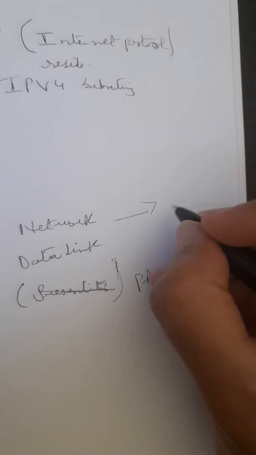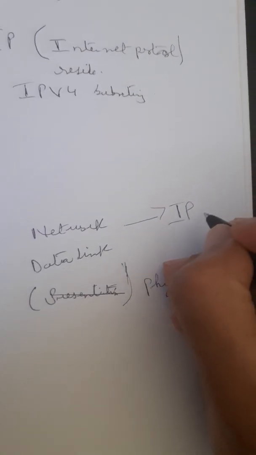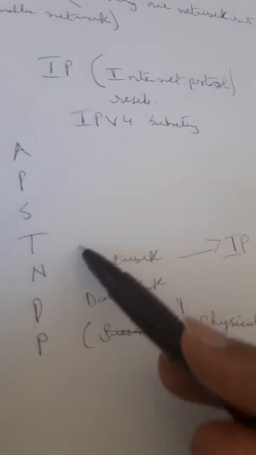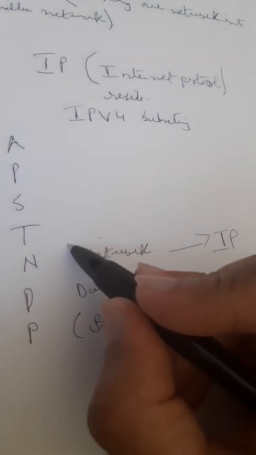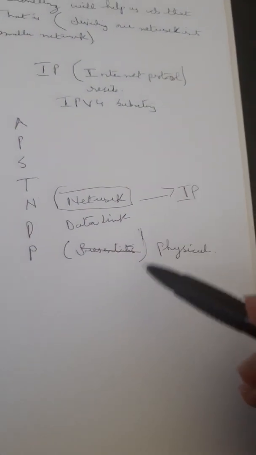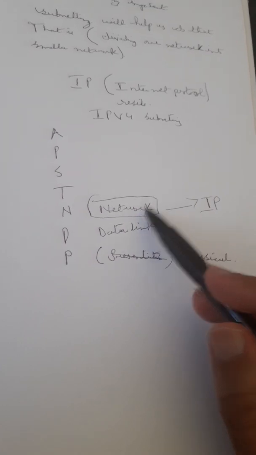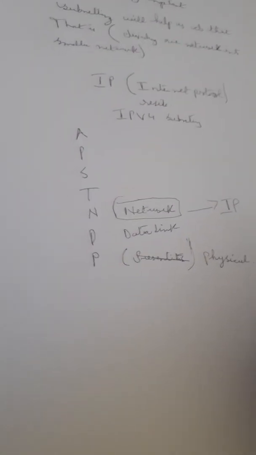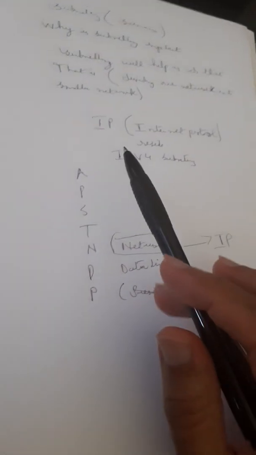Everyone, this is where IP resides, Internet Protocol, and we are doing IPv4 subnetting. So we are dealing with this area at the moment. To keep the video small and move fast, I'm going to move faster.